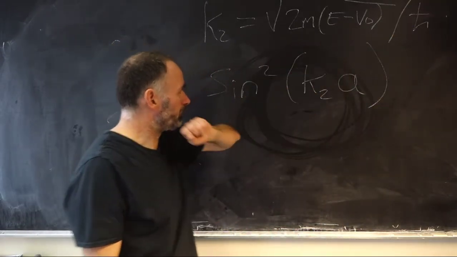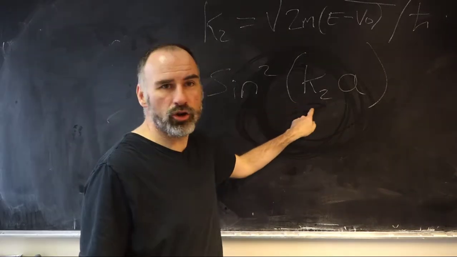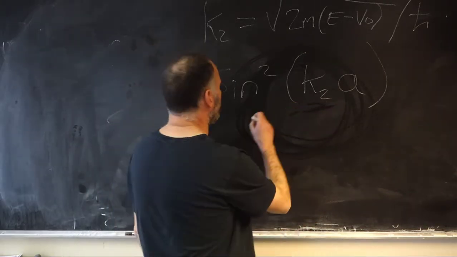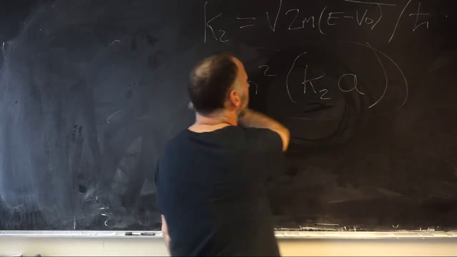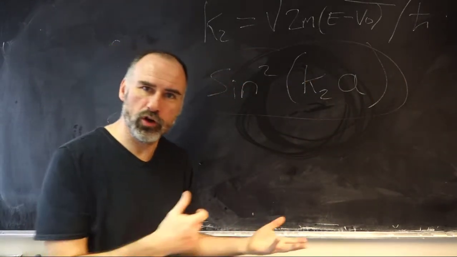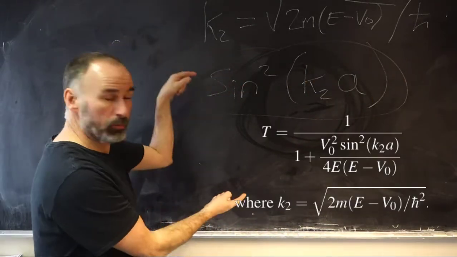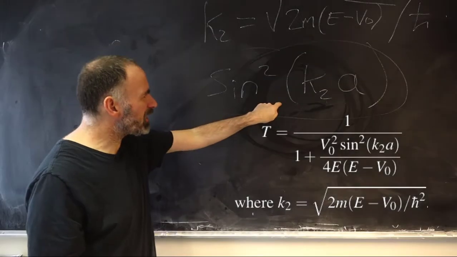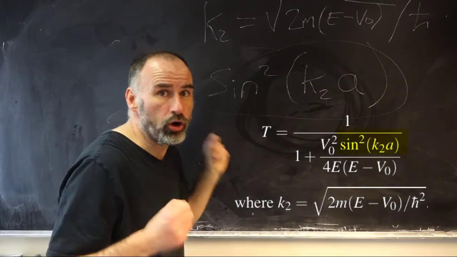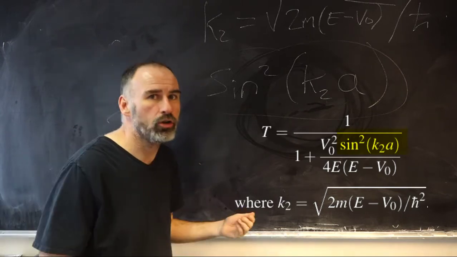So it's a positive quantity. An interesting question to ask ourselves is when this term might go to 0, because if you look at the expression of the transmission coefficient, which I'll put there, then if this goes to 0, our transmission coefficient goes to 1.